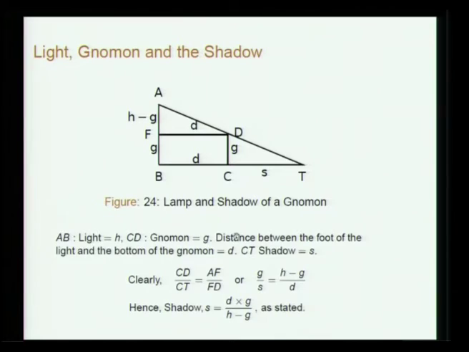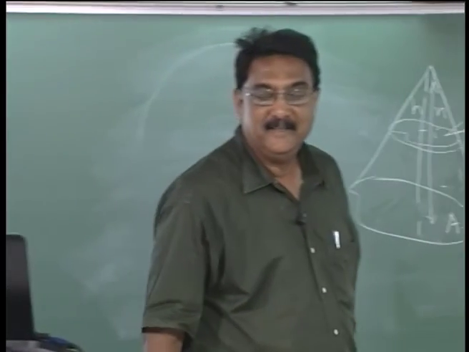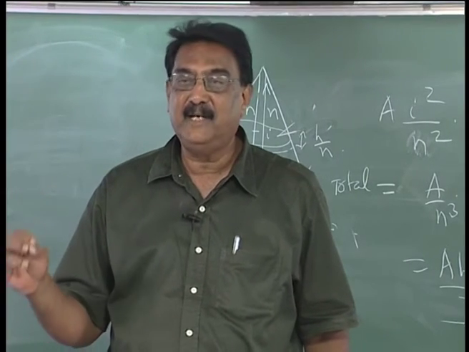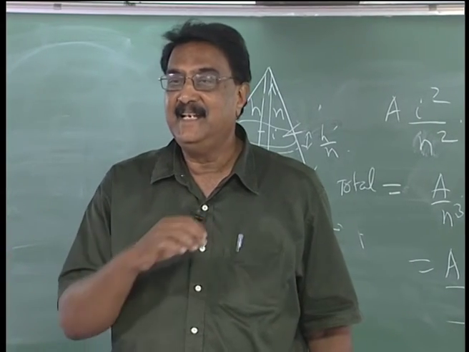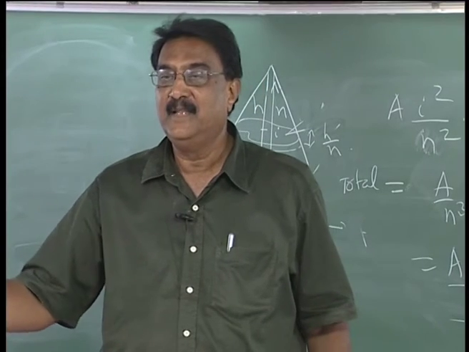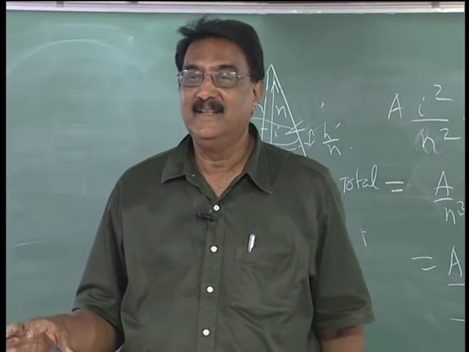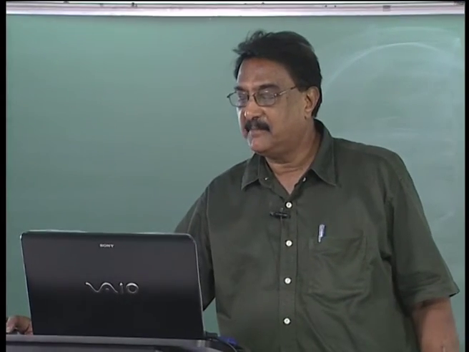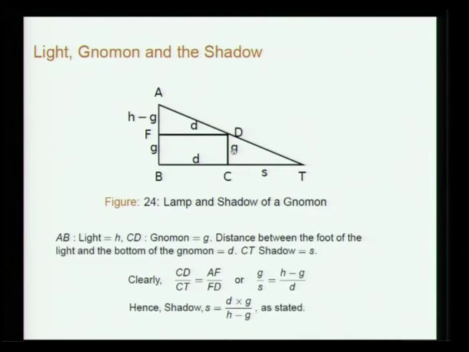This is precisely the formula stated by Aryabhatta for finding the length of the earth's shadow in a lunar eclipse. It is essentially the same thing, because here it is the sun. Suppose AB is the sun, this is the earth, and this is the shadow.